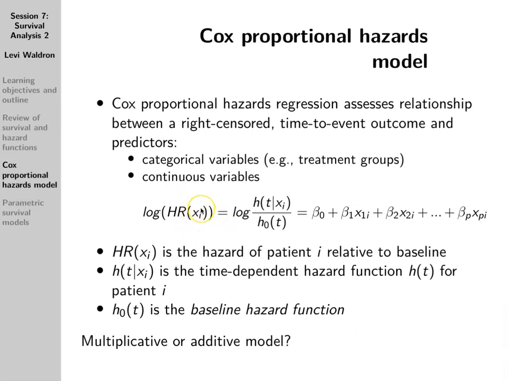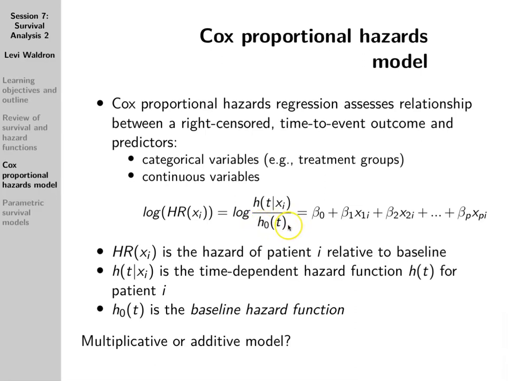In general, it does depend on the predictors. So the hazard ratio, as we showed, was equal to the hazard function as a function of time and the predictors. And on the denominator, this is what we call the baseline hazard.